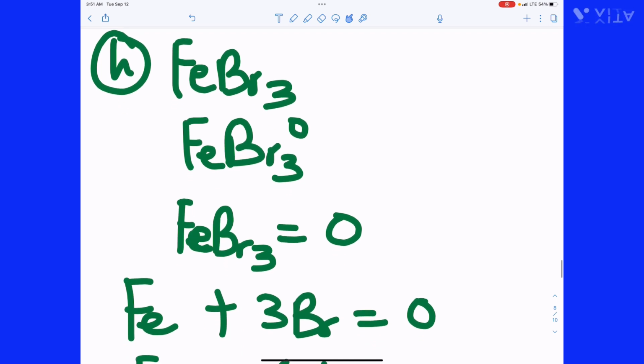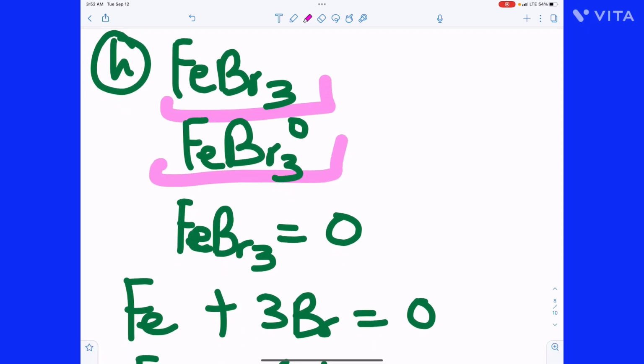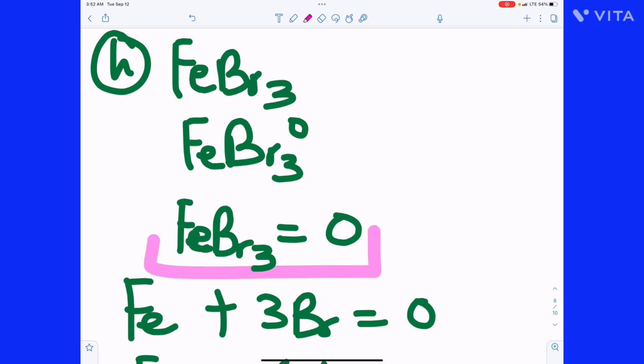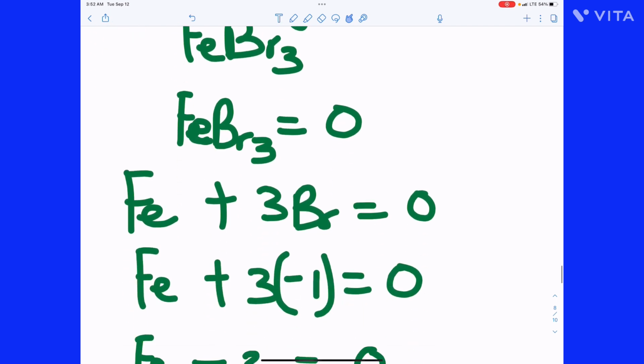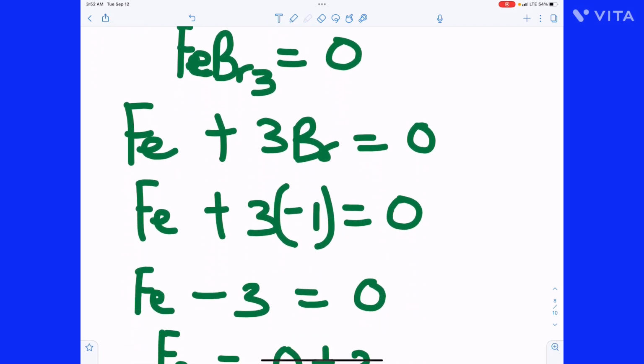Let's continue. FeBr3 is 0. What do we call this? Fe plus 3Br is equal to 0. So Fe plus 3 times minus 1 is 0. Plus 3 times minus 1 is minus 3.